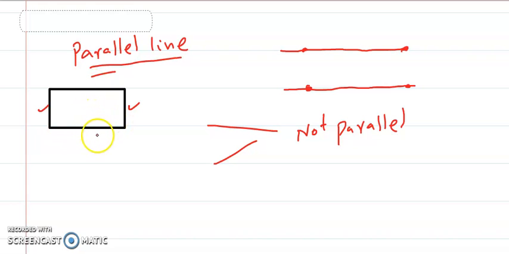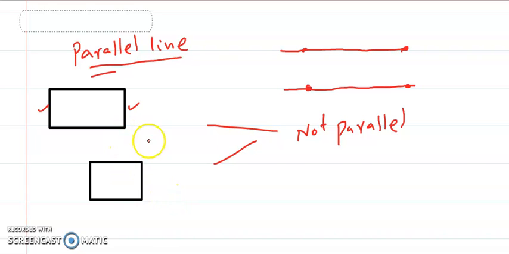So we can say the properties of the rectangle are: first, the opposite sides are equal, the opposite sides are parallel, and all the angles are 90 degrees. In the same way, if we draw a square, in the square also the opposite sides are parallel and will never cross each other. So if in a polygon the opposite sides are parallel, we also give it the name parallelogram.